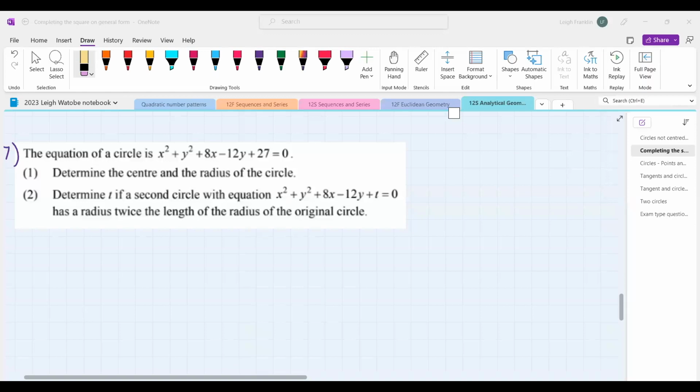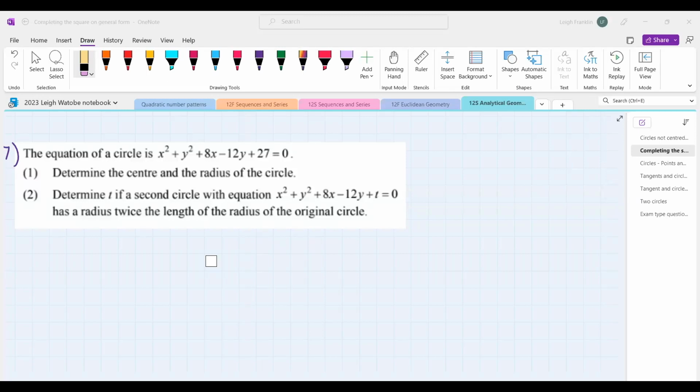Let's have a look at question 7. Here it says the equation of a circle is x squared plus y squared plus 8x minus 12y plus 27 equals 0. The first bit is quite easy. They ask us to determine the center and the radius of the circle, which we should all be able to do now.